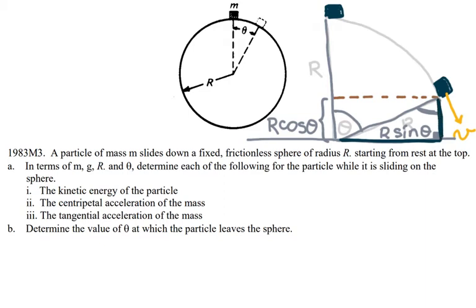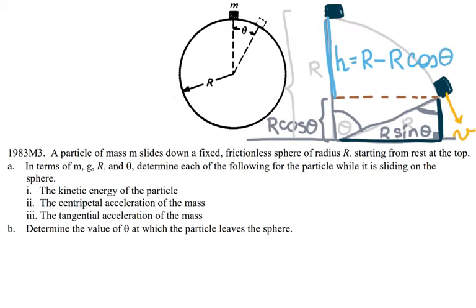So if I call this part h, then h is equal to r, which is the full length, minus the bottom part, which is r cosine theta.